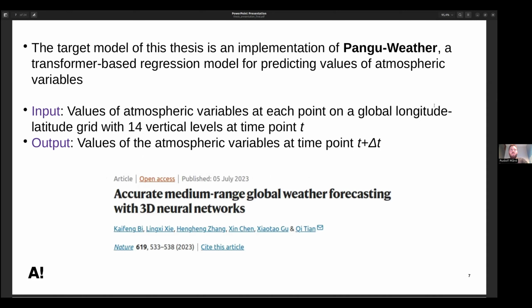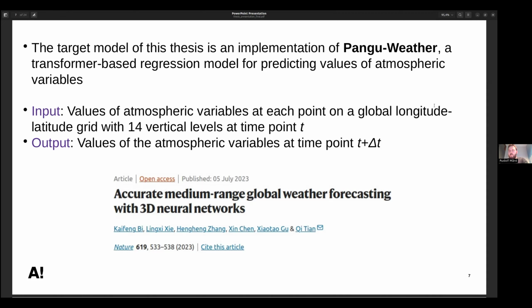How the model works: it takes an input which contains values of atmospheric variables at each point on a global longitude-latitude grid with 14 vertical levels at time point t.